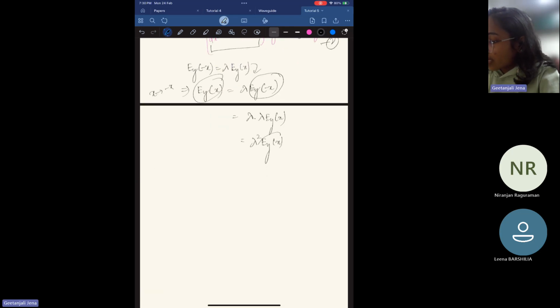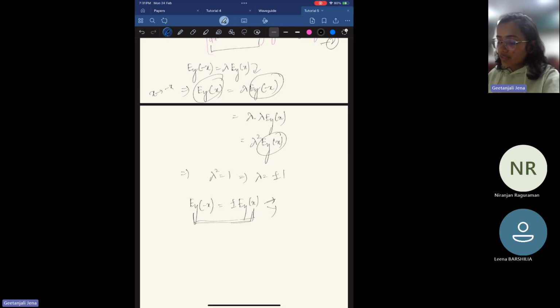So Ey will cancel. So that means lambda square is 1. Lambda is plus or minus 1. So we got Ey minus x is plus or minus Ey x. So this is itself the symmetric and antisymmetric condition. So if it is plus Ey x, it's a symmetric mode. And if it is the negative of Ey x, it is antisymmetric. Okay, so that means whenever a symmetric planar waveguide is there, we can divide the propagating modes into even and odd modes.